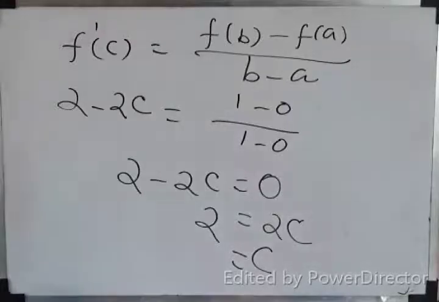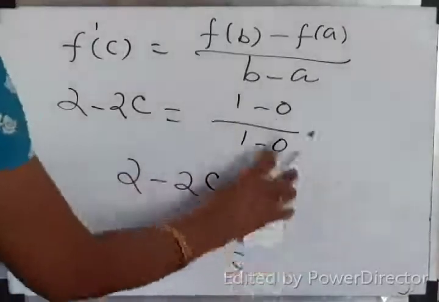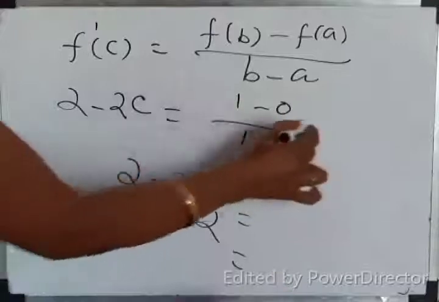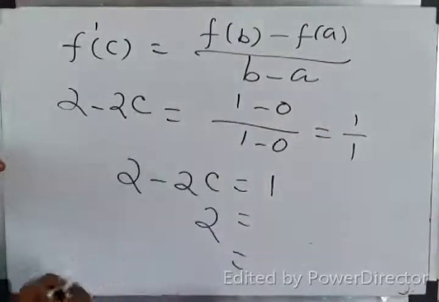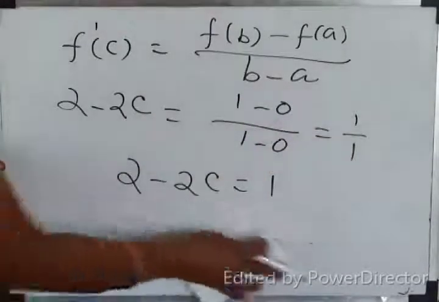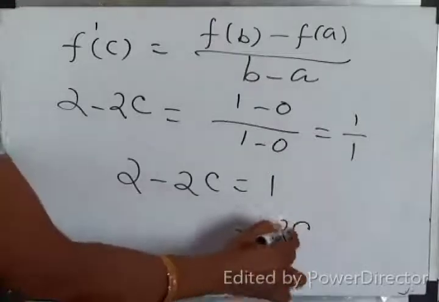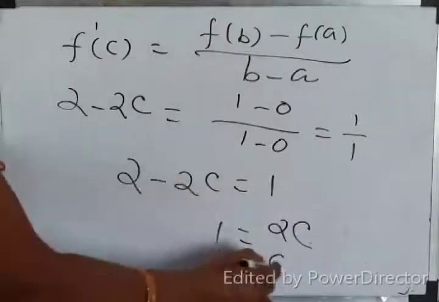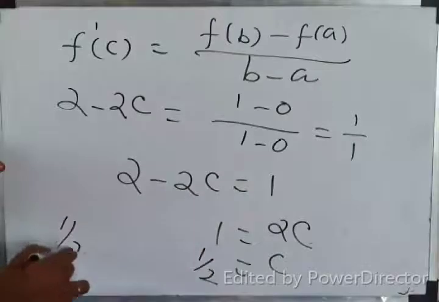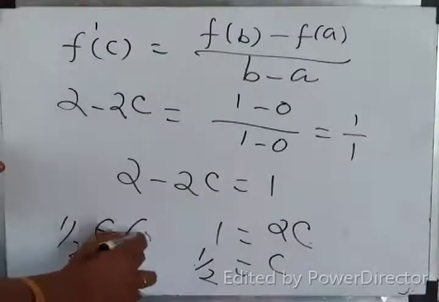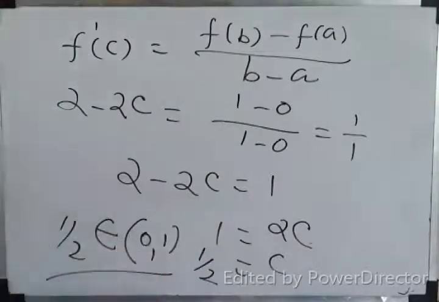Oh, not 0. 2 minus 2c equal to 1. 1 minus 0, that is 1 by 1. Only one. Okay. Therefore 2c equal to 2 minus 1, 1. So c equal to 1 by 2. So 1 by 2 belongs to (0, 1). Hence Lagrange's mean value theorem is verified.